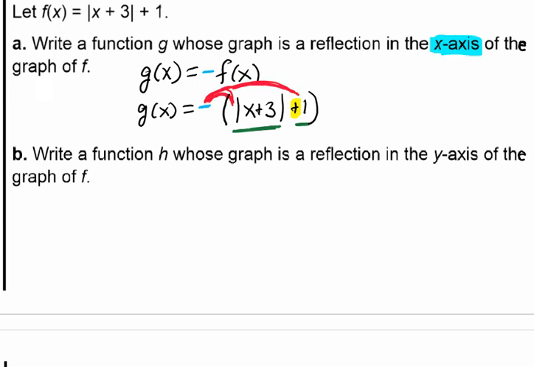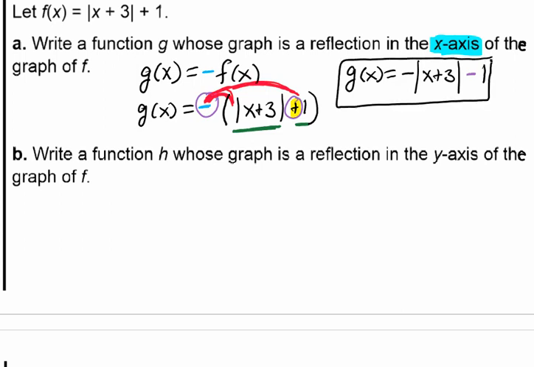That gives us that g of x is going to equal a negative absolute value of x plus 3, and then a negative times a positive gives us a negative 1. And that's going to be our answer for letter A.